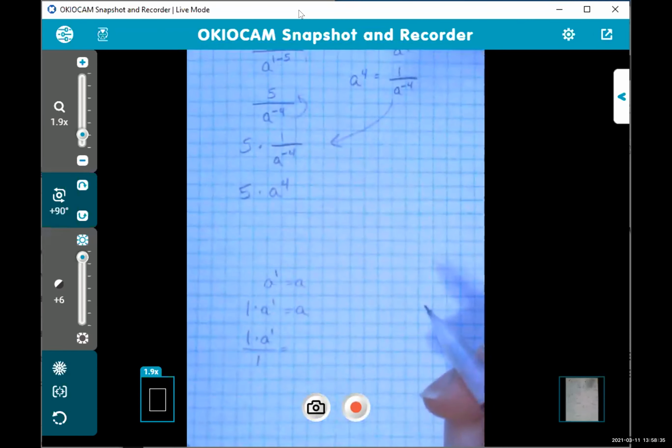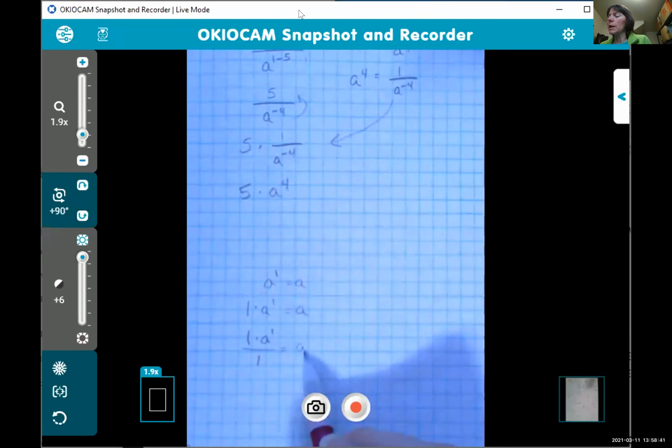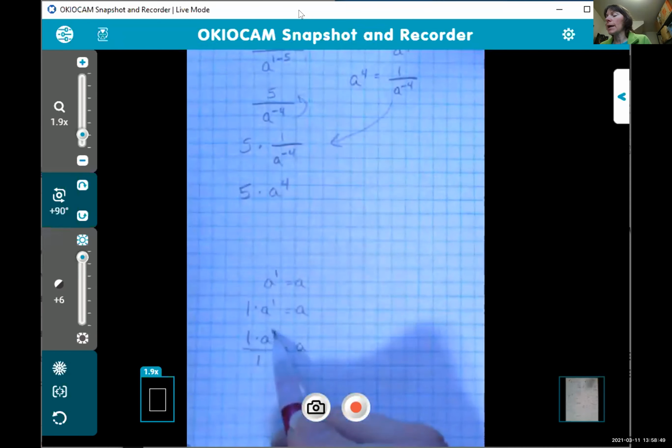Oh geez. I'm going to guess A. It absolutely is. So really, whenever you see just this variable by itself, you could argue that it has a denominator. You could argue that it has a coefficient. You could argue that it has an exponent. We don't bother to write any of them if all of those are 1, right?